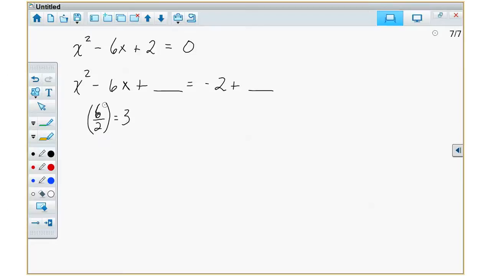And 3 squared is what? That 9 goes there and there. And then what does that give us on the left-hand side? Shortcut number 2, which will give us what? What will x squared minus 6x plus 9 give us using shortcut number 2?